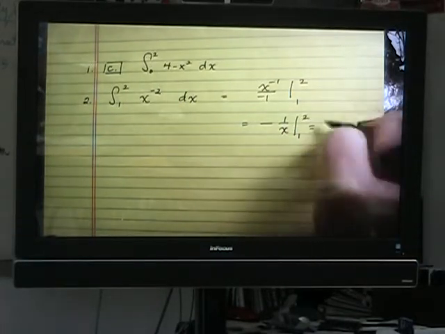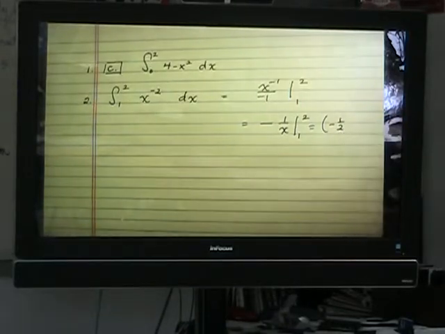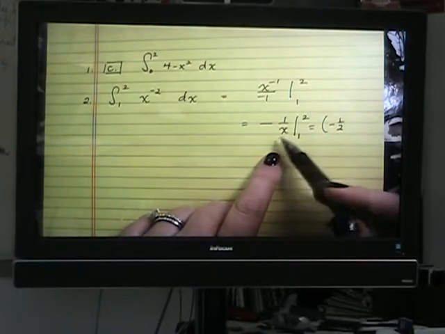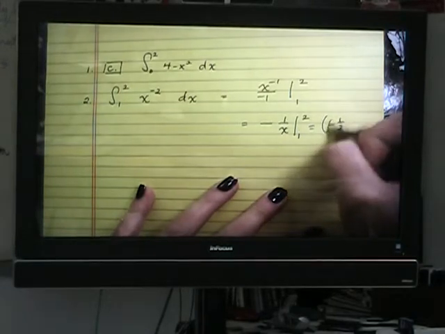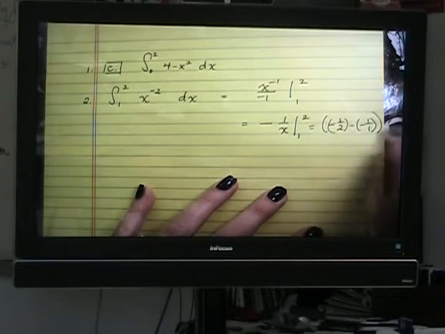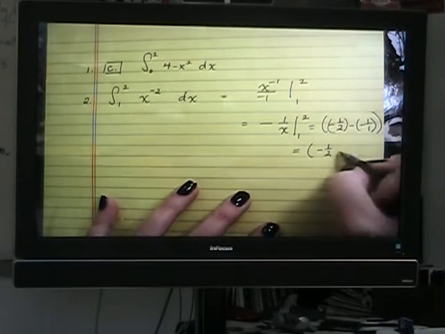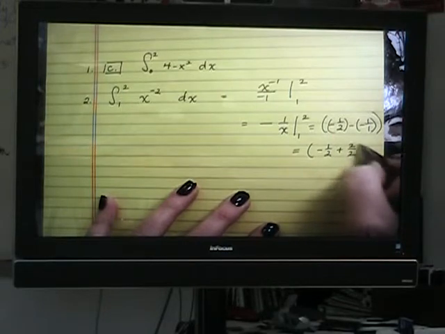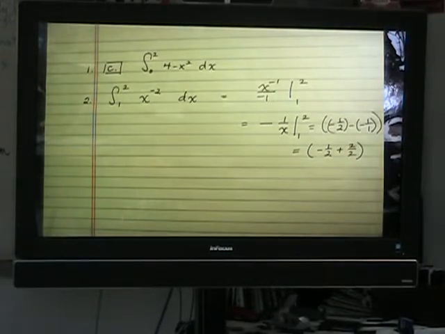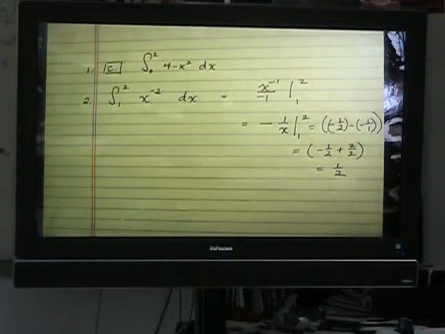And when you substitute in, you substitute in the 2 first, so negative 1/2. And then you're going to do minus a negative 1 over 1. And so you have negative 1/2 minus a negative is plus, and I can write that as 2 over 2, getting a common denominator. So my answer should have been 1/2, which was letter C.